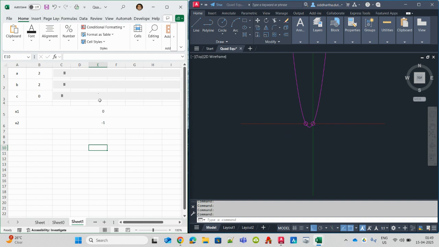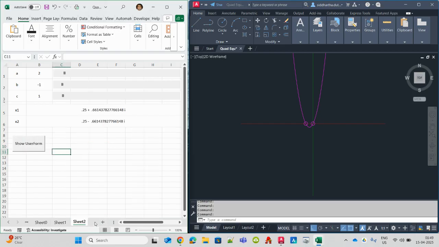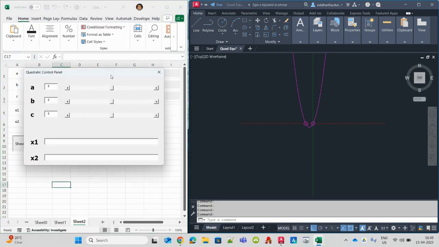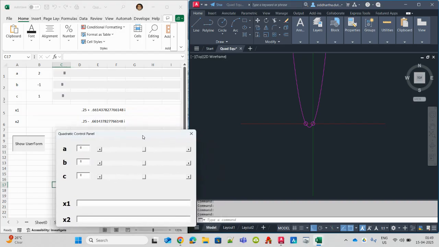Again, changing these values with the sliders in Excel is not so easy, so we can have a user form. If you change the value from here, it also changes the value here and the sliders, and recalculates the roots. It shows in the Excel sheet as well as here.